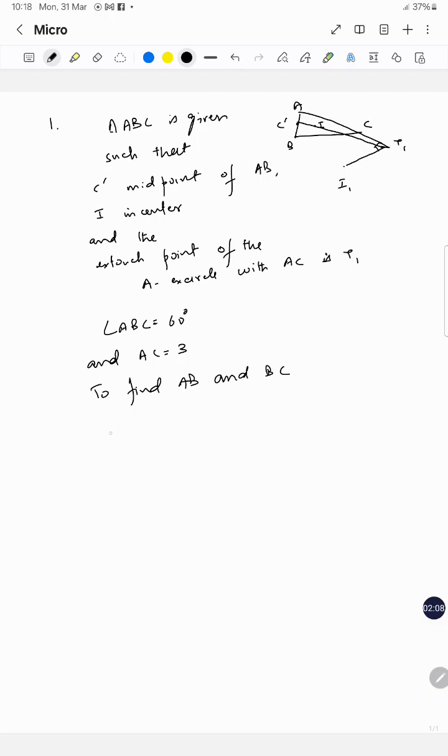So we'll use the usual notations. This is small c, this is small a, this is small b, and r is the radius of the incircle, and s is the semi-perimeter.